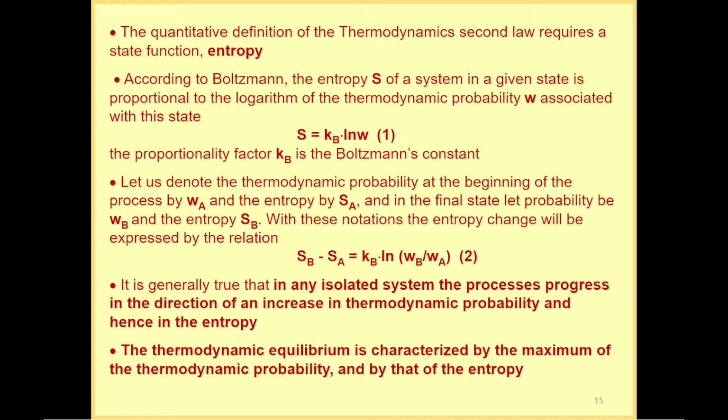The entropy change in a process of a system state change is expressed by formula 2. It is generally true that in any system the processes progress in the direction of an increase in thermodynamic probability and hence in the entropy. The thermodynamic equilibrium is characterized by the maximum of the thermodynamic probability and that of the entropy.